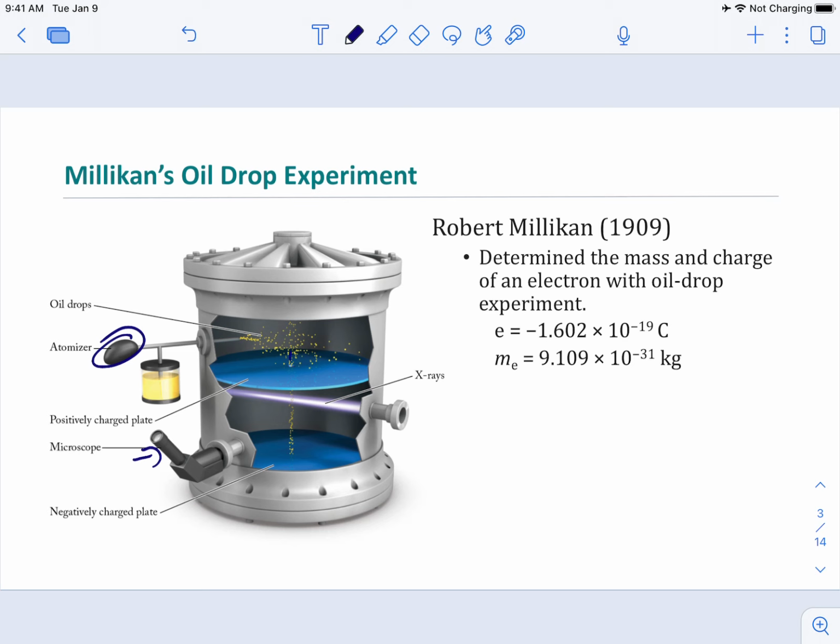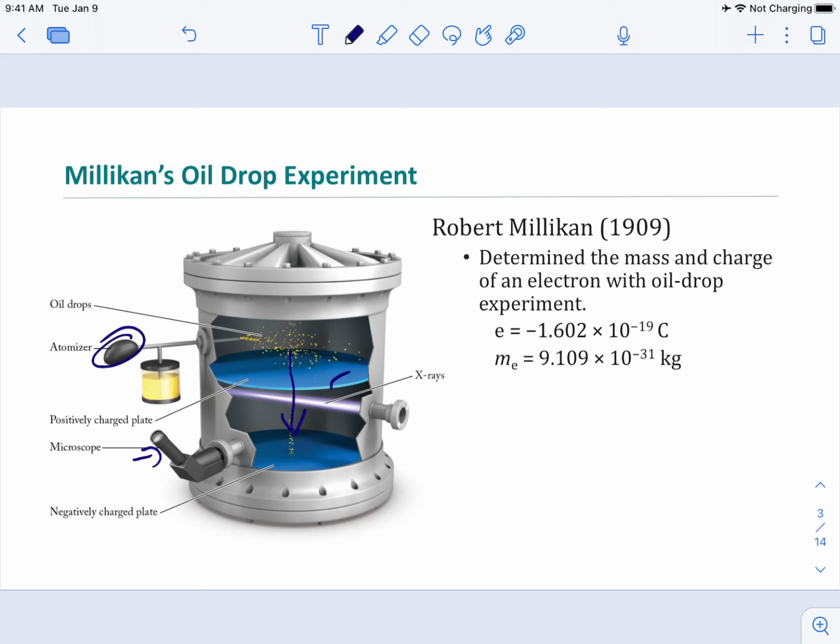And of course, the droplets are falling now under the force of gravity through here. Now, because we know Newton's laws at this point, those were a couple hundred years earlier, he knows the rate at which the oil droplets should fall under gravity.